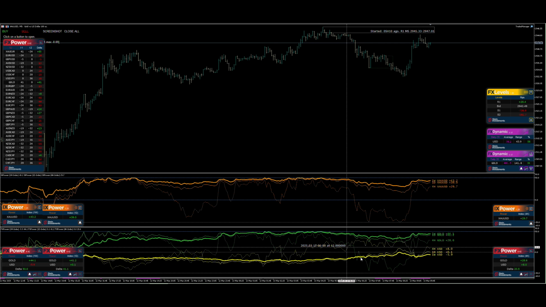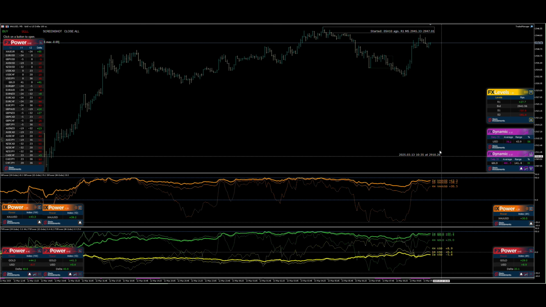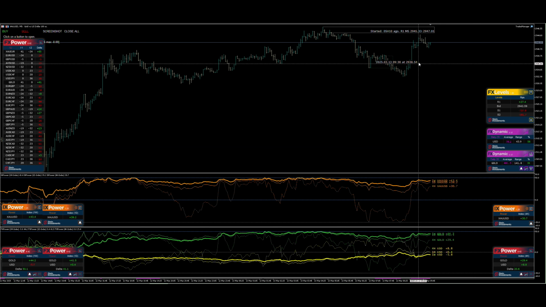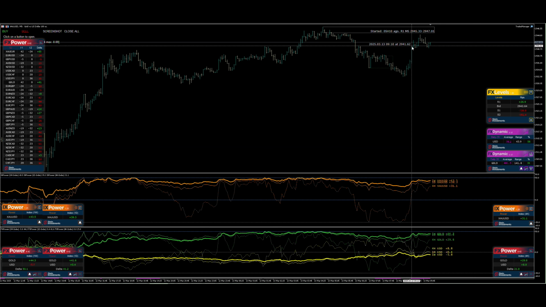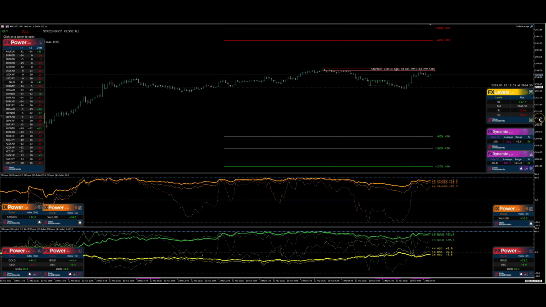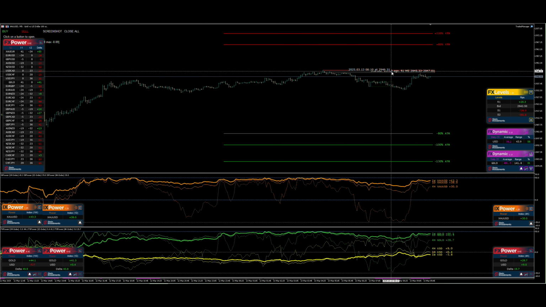Currently not that dynamic here, and the US dollar is still neutral. So in my opinion, it's still a valid uptrend, and there is no serious resistance here. This one is only 5 hours old.